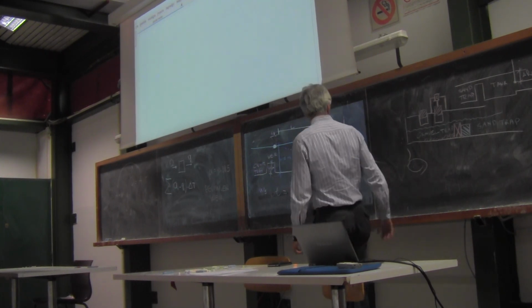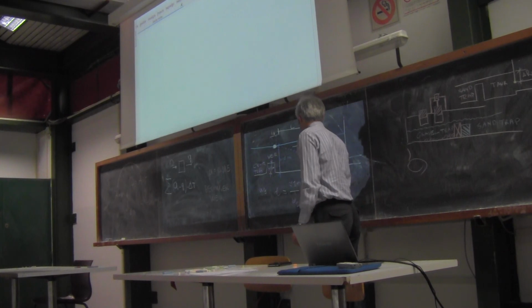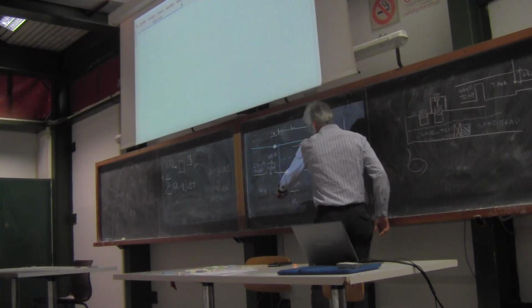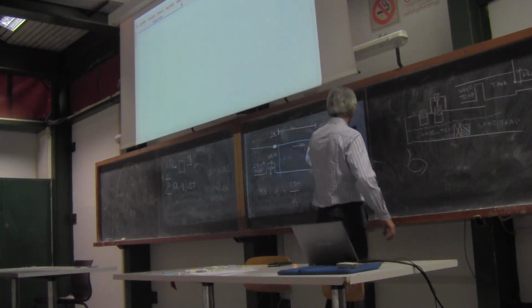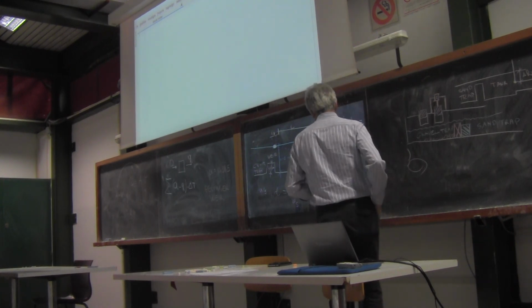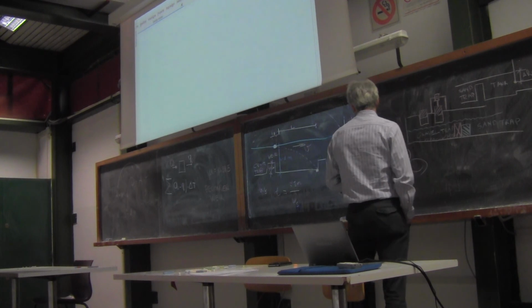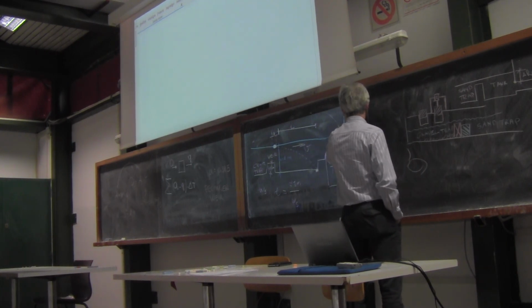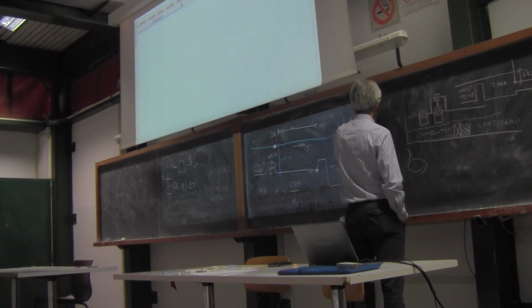So, how to estimate L? It's very simple. We know T already, so L is equal to the velocity of water V times T.